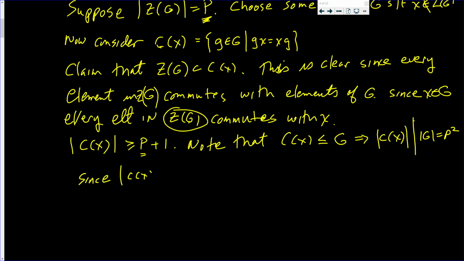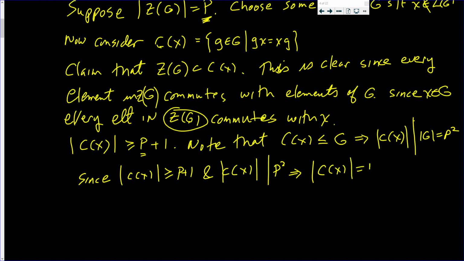Since the order of C(x) is bigger than p, and must divide p squared, the order of C(x) is p squared. But now that's the order of G.